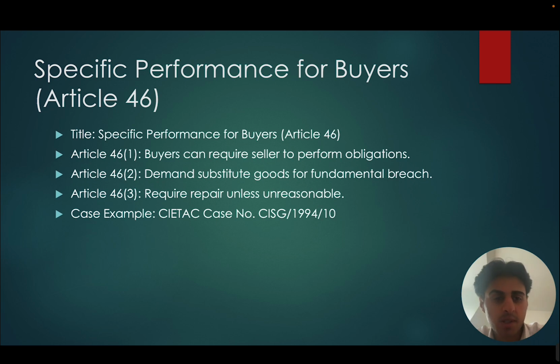Section 2 of Article 46 allows buyers to demand substitute goods if the nonconformity constitutes a fundamental breach. Section 3 of Article 46 permits buyers to require the seller to remedy the lack of conformity by repair, unless it is unreasonable considering all the circumstances.